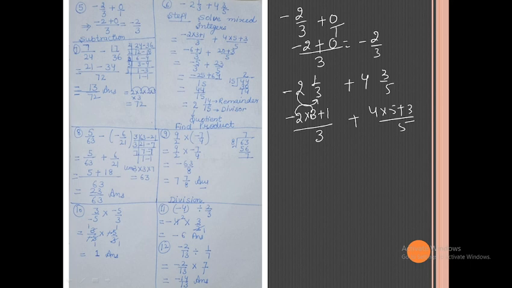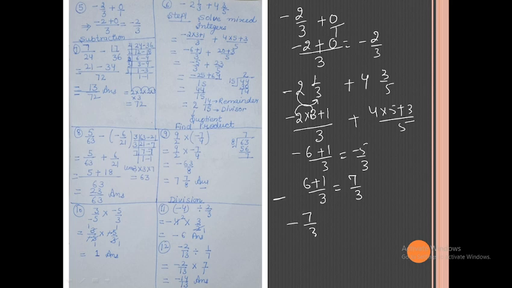Either you can take the minus sign and multiply, minus 6 plus 1, and we get minus 5 by 3. If you take minus inside, then 6 plus 1 divided by 3, and 7 by 3 is the result.